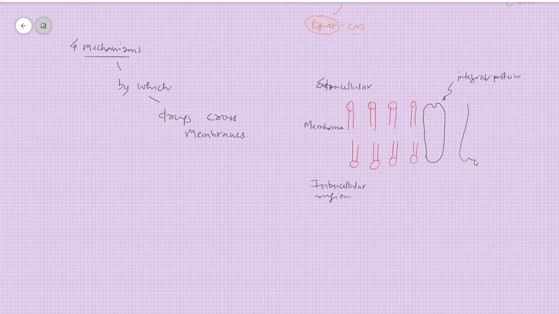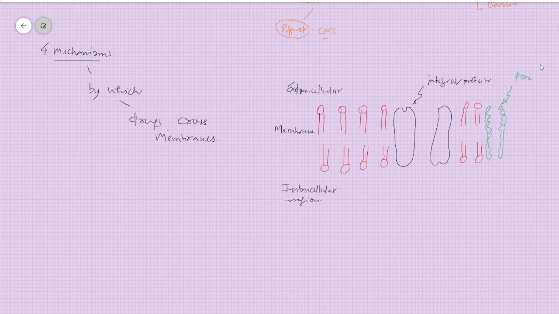Let's draw this membrane like that again, and continue to draw the membrane. And somewhere here there is kind of a pore, and through this pore water enters into the cell.